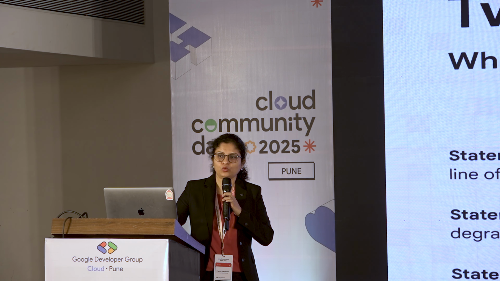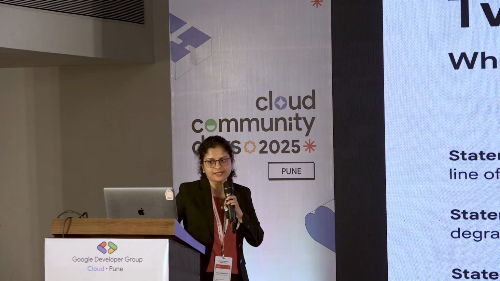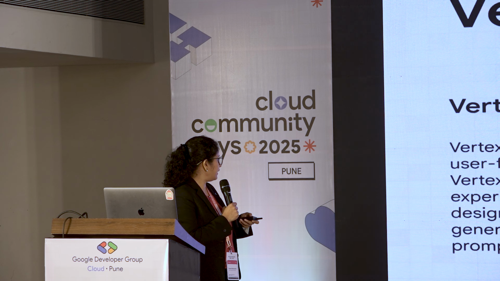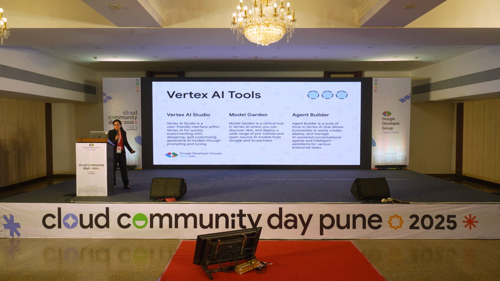So let's see what are the tools in Vertex AI that we need to build our application. Vertex AI Studio is a user-friendly interface within Vertex AI for quickly experimenting with, designing and customizing generative AI models through prompting and tuning. And what is Model Garden? We just discussed it in a previous slide.